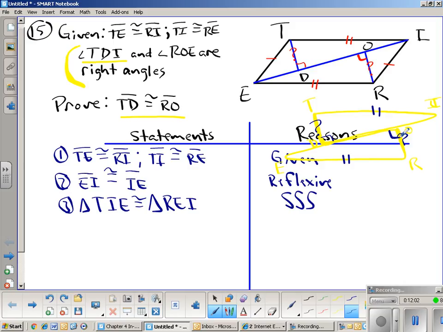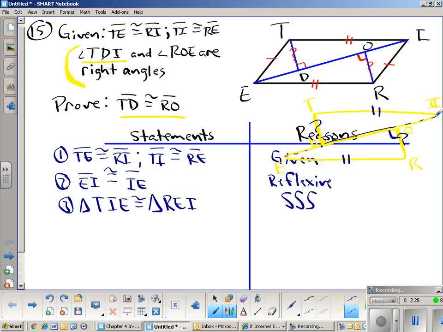The reason I say that is to use HL, I need a hypotenuse and a leg. And I have the hypotenuse, but this leg I'm trying to prove, so I'm not going to know that. And these legs, they look the same length, but they're not the same. This part of it is the same, but then we've got some down here and some over here that's not sharing. So I don't have reflexive going there.